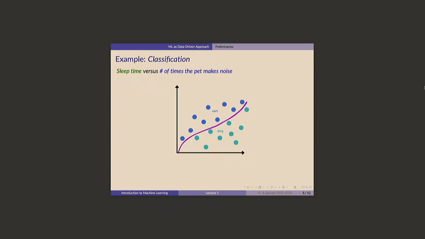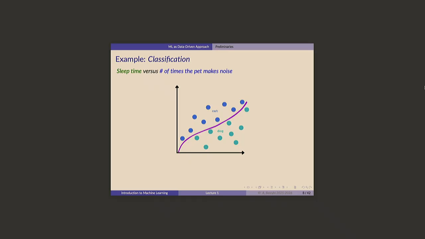For example, I see one cat, and here's the sleep hour. I don't know, it's sleeping 12 hours in a day, and the number of times it makes a noise is, I don't know, 5 times. So this is a point here. And I do know that this is a cat, so I write cat on top of it.